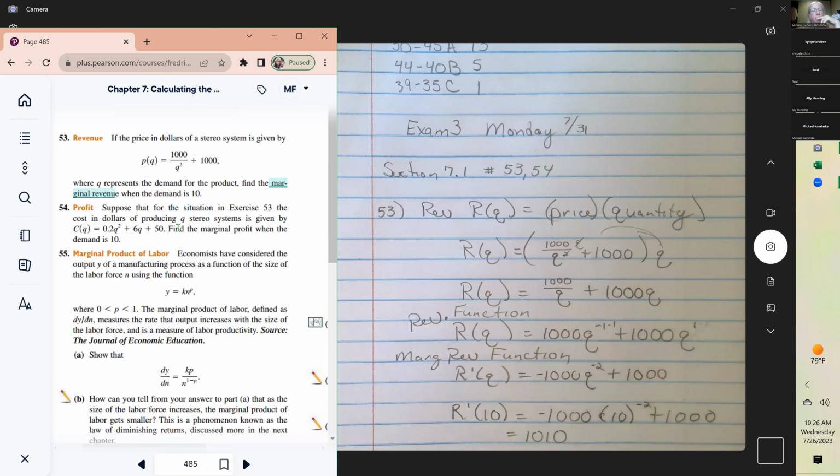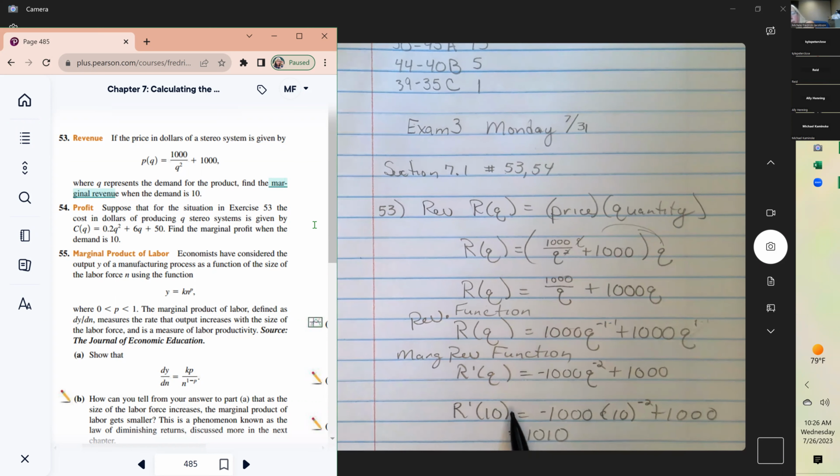Any questions on that? What that's telling you is you're already producing or selling 10 of them. I guess it would just be selling because it's revenue. You're selling 10 of them. If you sell one more, it'll increase the revenue by 1,010. So it's telling you how it would change if you want one more. That's what your derivative tells you. So we're selling 10.